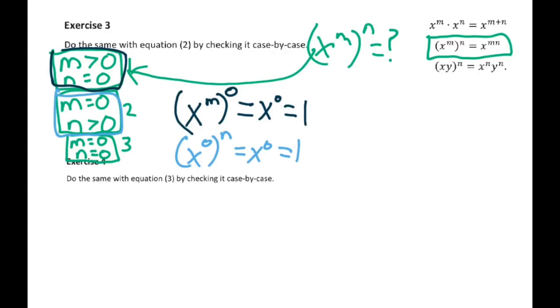Now, how about when they both equal 0? x to the 0 to the 0th power. That's equal to x to the 0 times 0, which is 0, which is also equal to 1. So every single one of these is equal to 1.